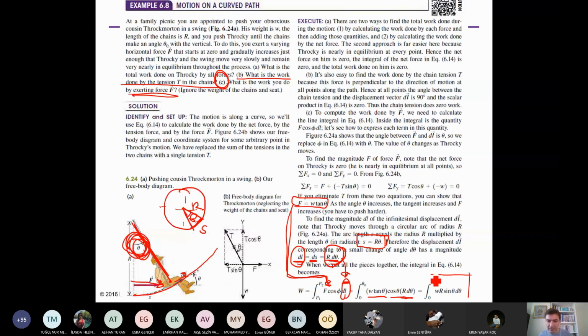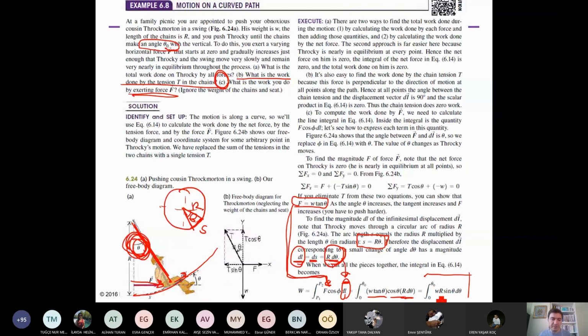What we have here, the limits from 0 angle to the final angle theta 0, which is given in the question: weight of the guy, times the radius of the circle or length of the chain, times sine theta d theta.